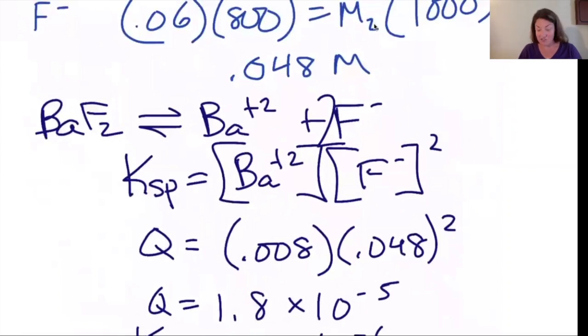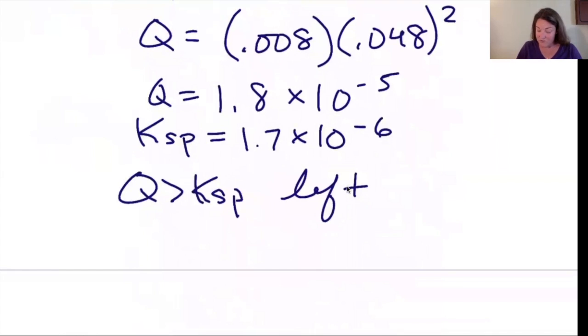If we're getting a left shift in this reaction, these two ion concentrations are too high. We're going to get a left shift, and when we get a left shift, it's the solid that's forming. The solid that forms in solution is indeed a precipitate. So whenever Q is greater than KSP, your answer is yes, a precipitate forms.